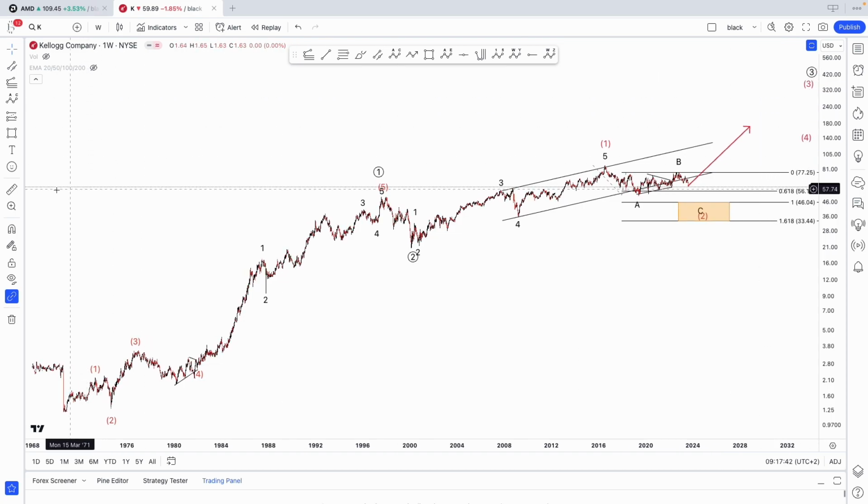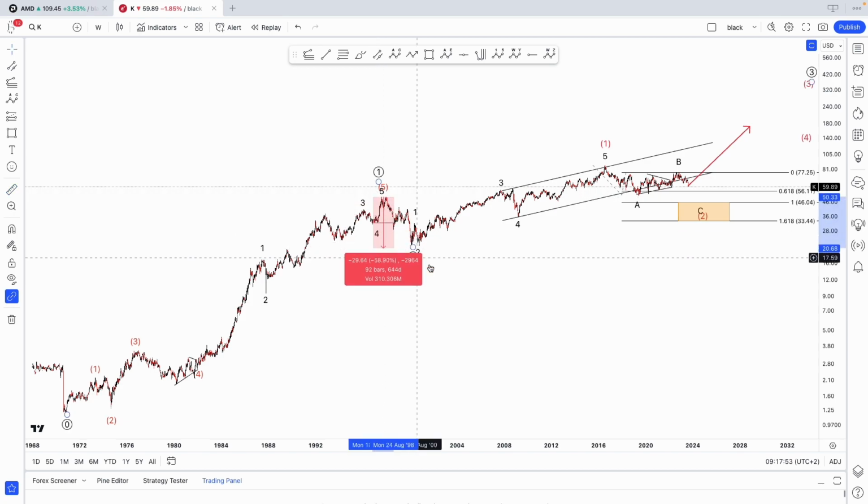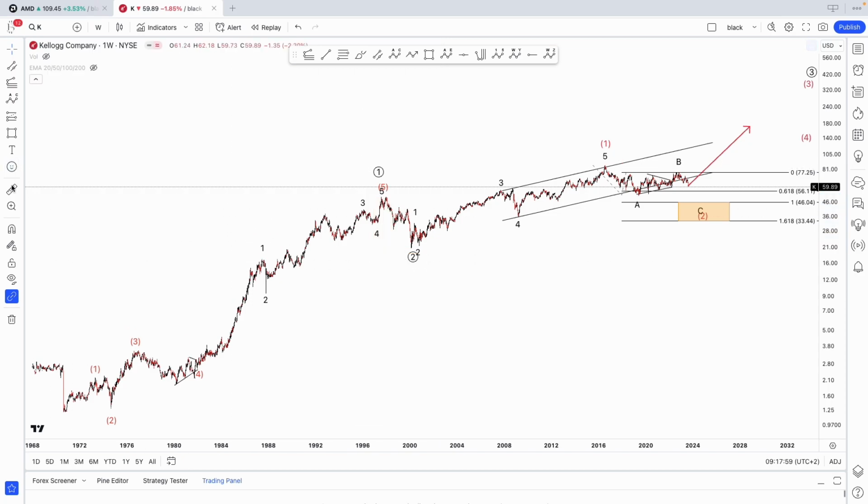One thing that I'd like to say though, this wave 2 position of primary degree, so 1 degree higher than what this count would forecast, was roughly a 60% move. Now we know that usually corrections of the same degree will tend towards equality in magnitude.